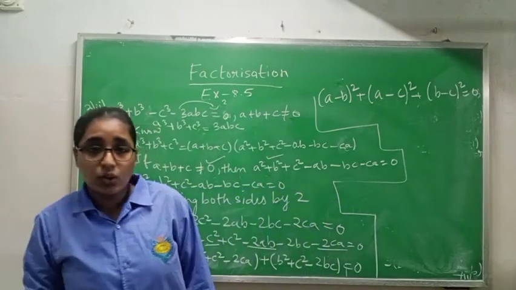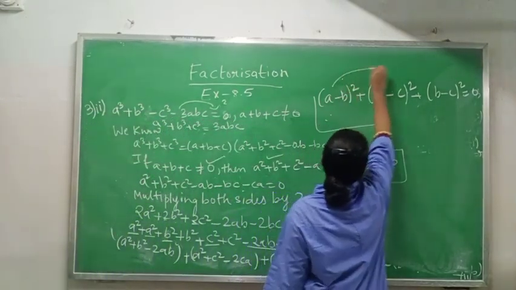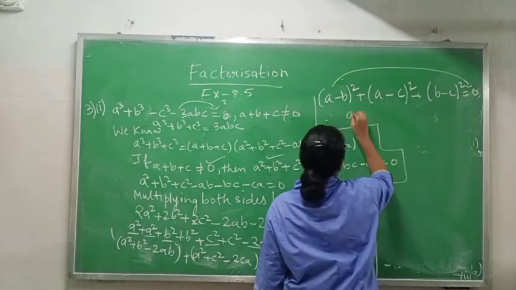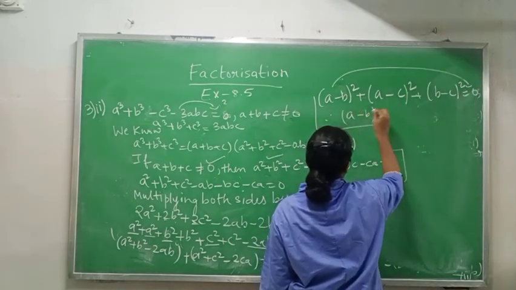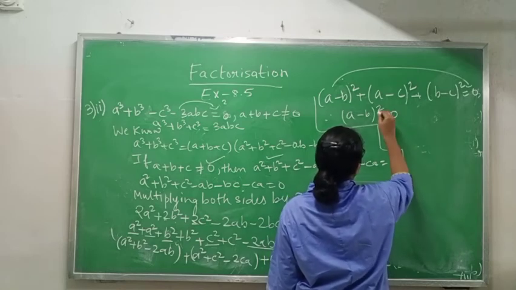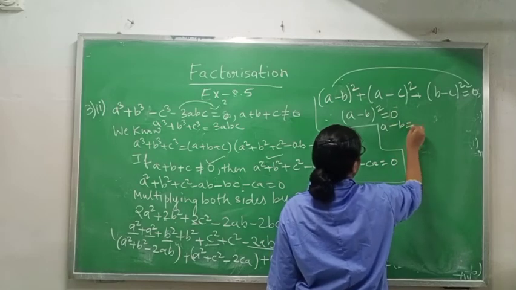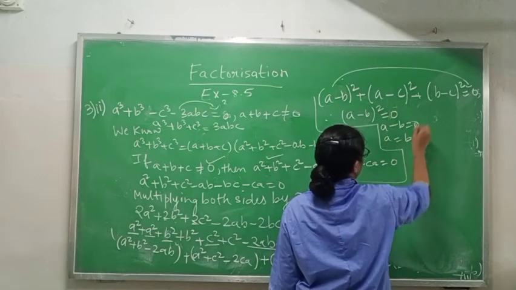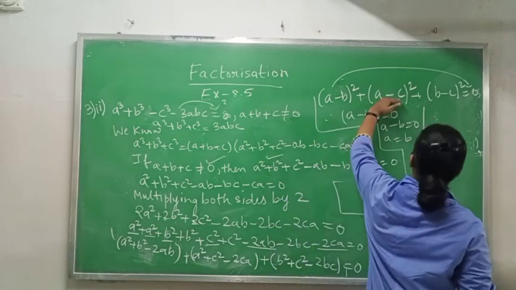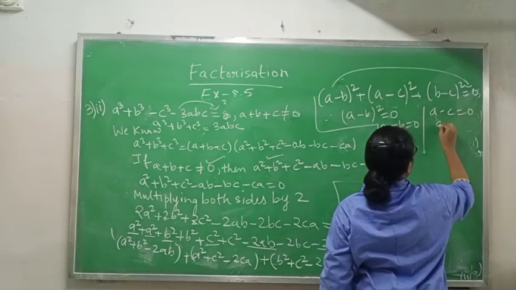Now after this what will we do? Therefore this one equals 0. So we will write a minus b whole square equals 0. Now this square will go to the other side and become a root, so a minus b equals 0, a equals b. Now again this term can be 0, so a minus c equals 0, a equals c.